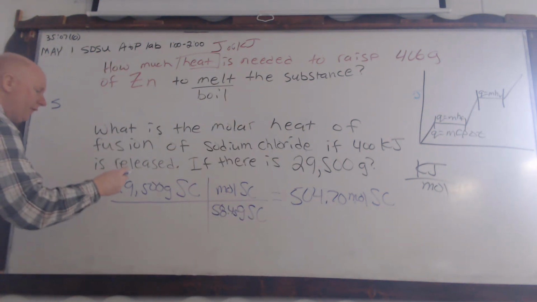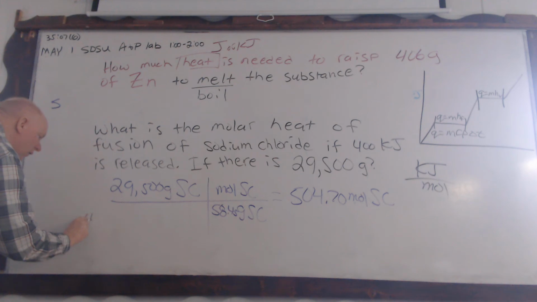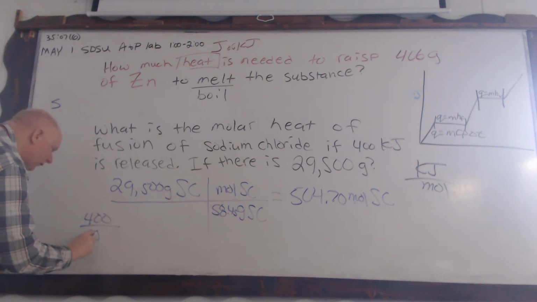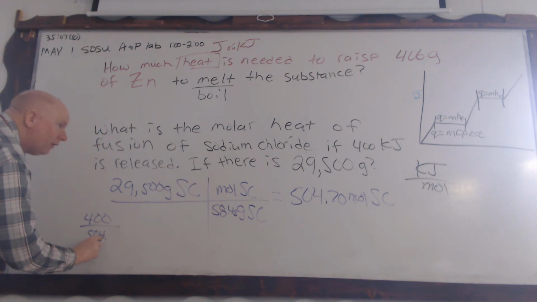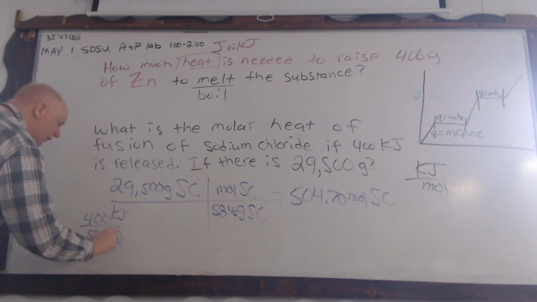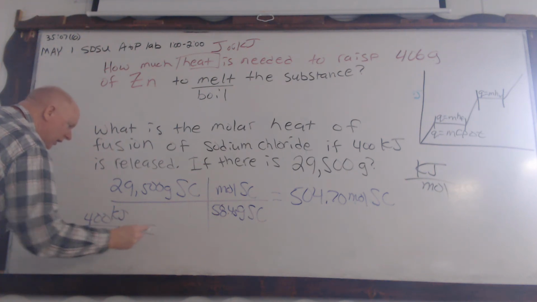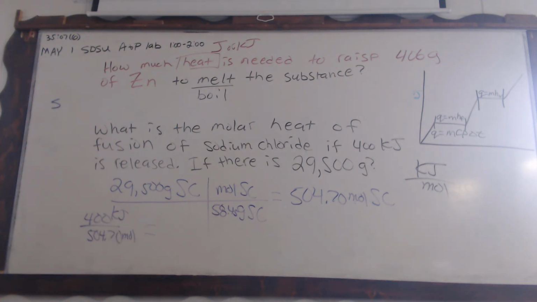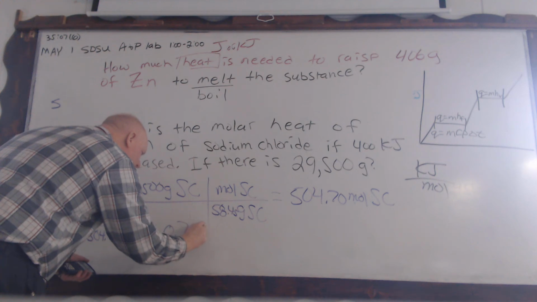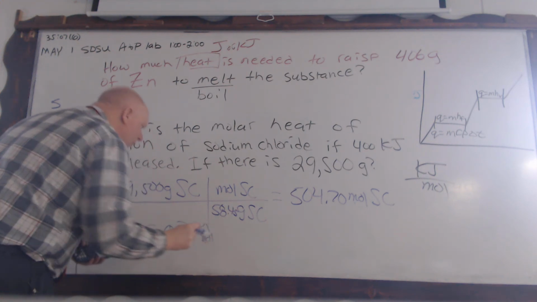Take kilojoules, divide by your moles, which means 400 divided by 504. Okay, and this is kilojoules, this is mole, so anything we get from dividing that is going to be in kilojoules per mole. Kilojoules per mole, 0.79.